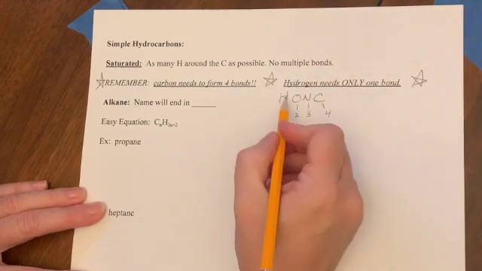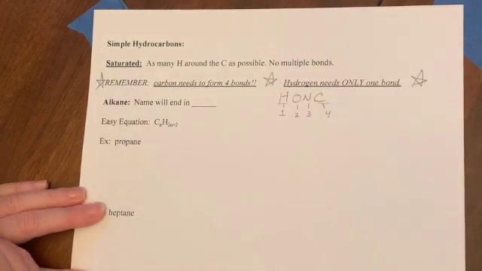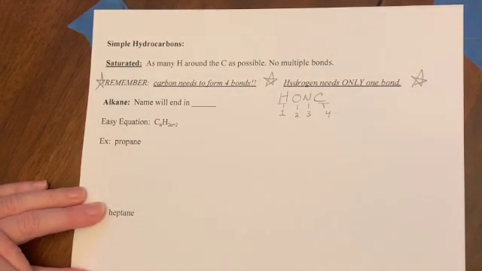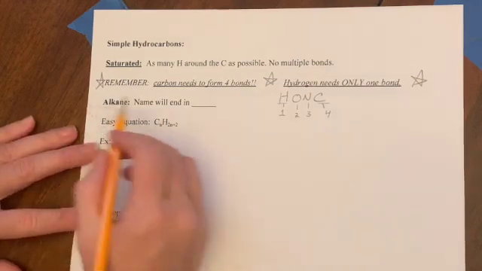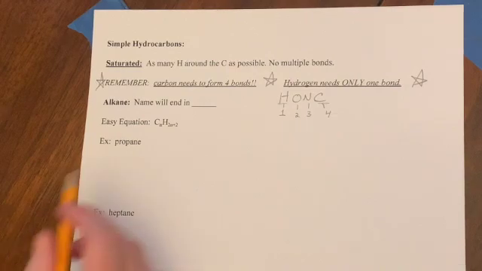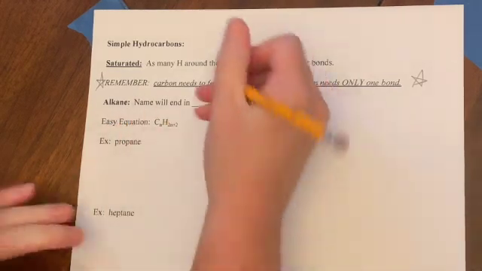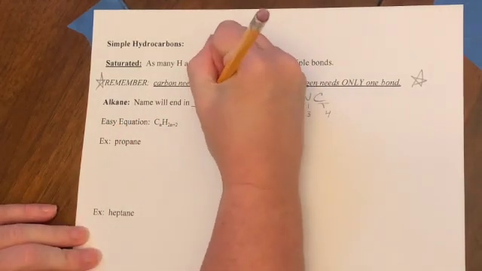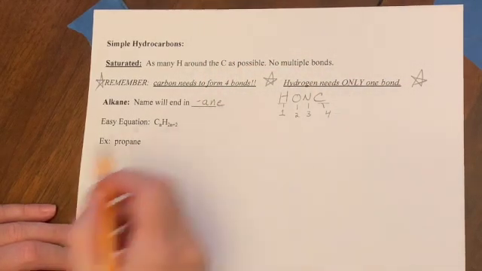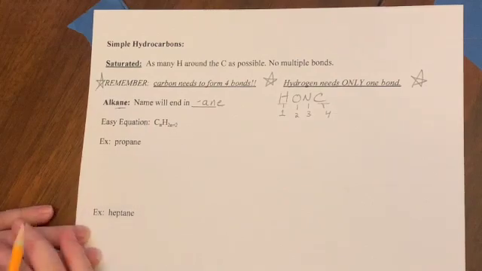We're going to start out dealing with just hydrogen and carbon right now, but that is a nice little clue to keep you going. Saturated simple hydrocarbons are known as alkanes, and all of their names are going to end in A-N-E, because it is an alkane.